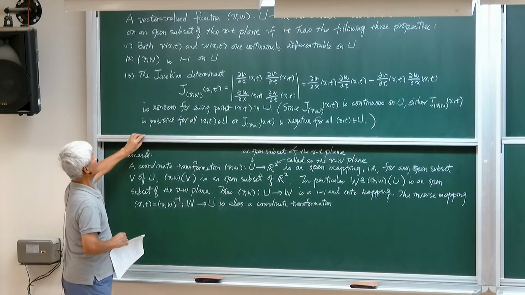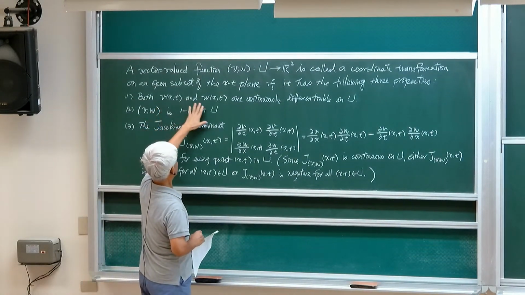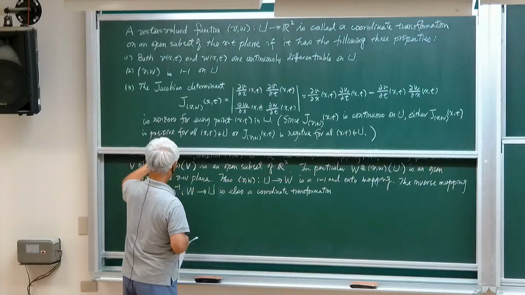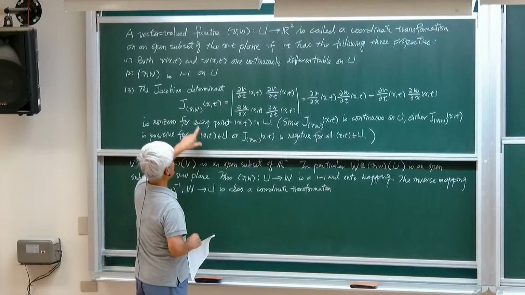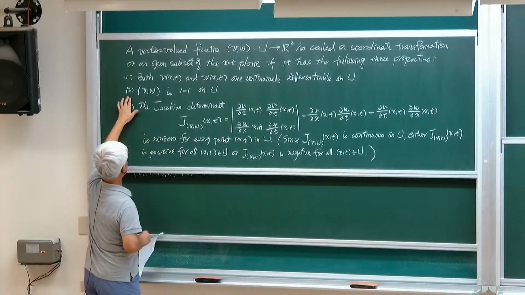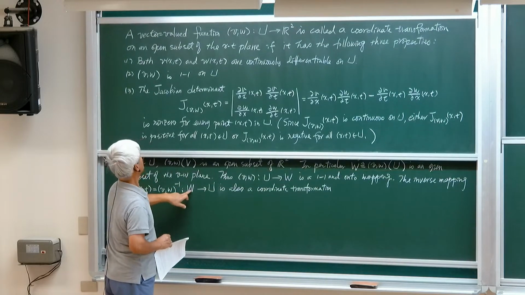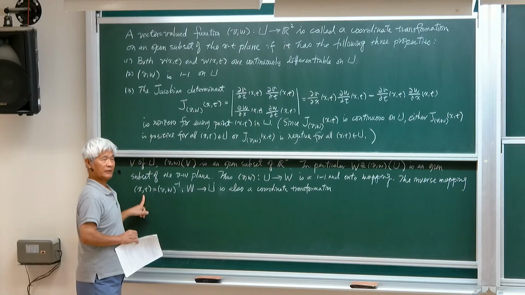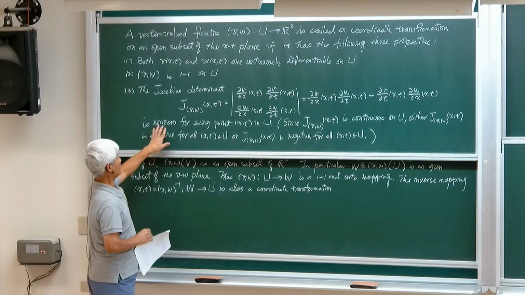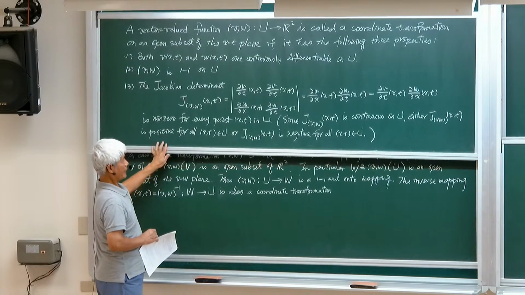Both components s and t are continuously differentiable, the second is one-to-one on W, and the Jacobian determinant of this vector valued function is also always non-zero.